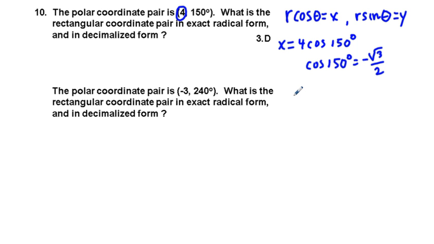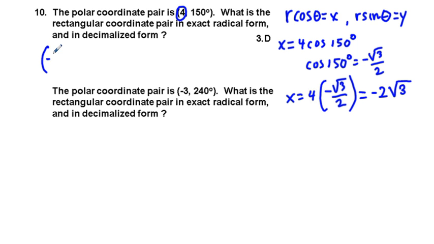So x is equal to 4 times negative square root of 3 over 2. And 4 divided by 2 simplifies to 2, so we have negative 2 square root of 3.